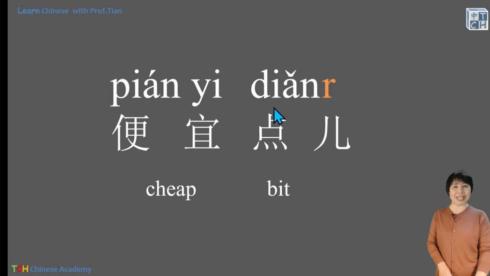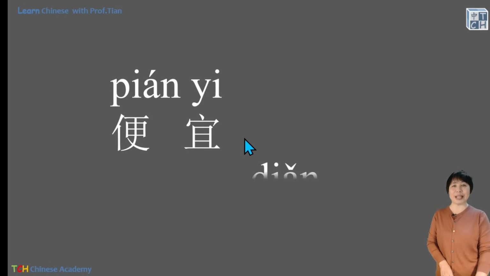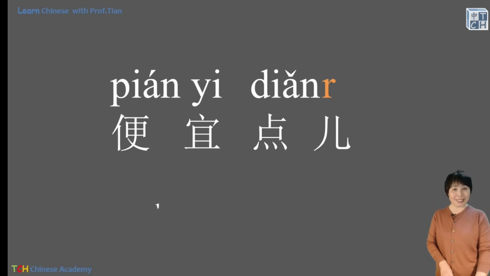Try to follow me. I think it's not that hard. Just notice, roll up your tongue. 点儿, 便宜点儿. So one is 太贵了, and then you can go on to say 便宜点儿.